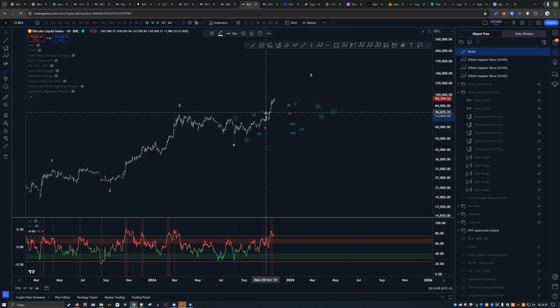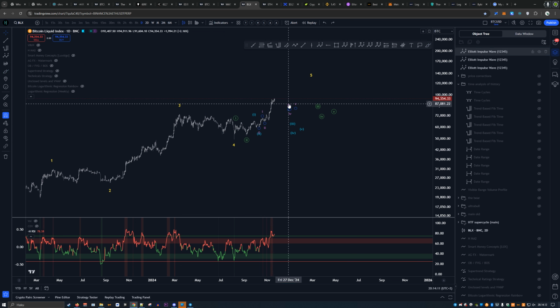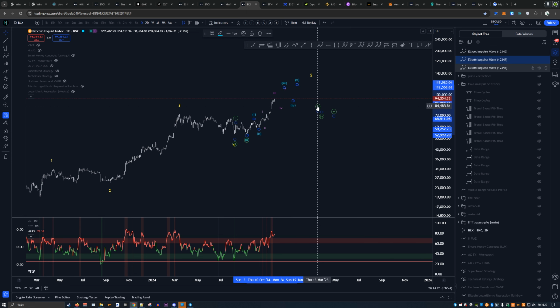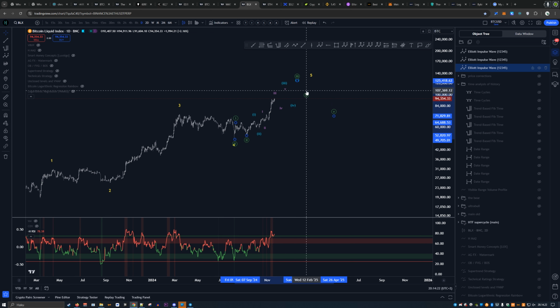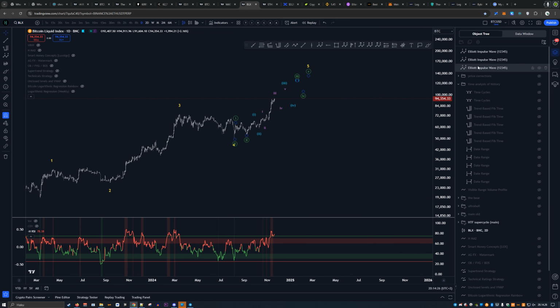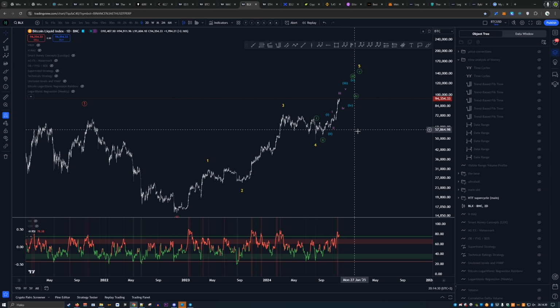And then you would have another 1, 2, 3, 4, 5 here. So this would be just a third. Then looking for 4th wave, 5th wave, 3rd wave, 4th wave, 5th wave, and you get the point. There are a lot of different degrees to go if you want to be the most bullish.